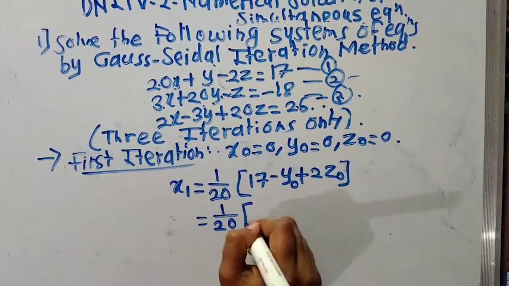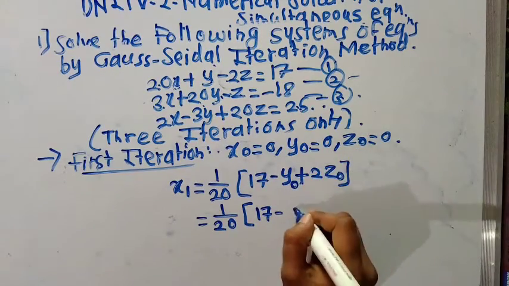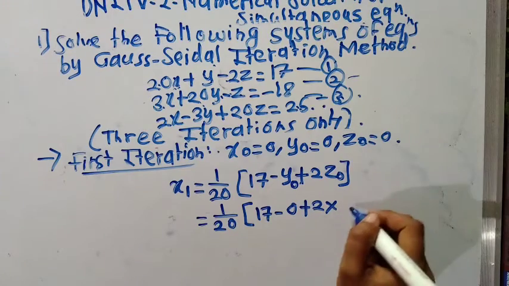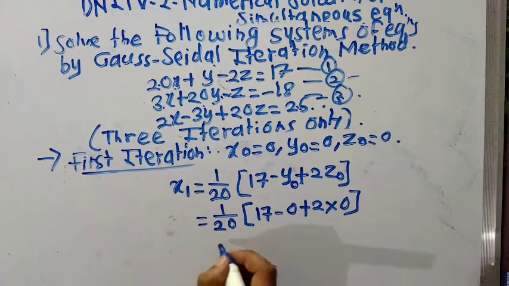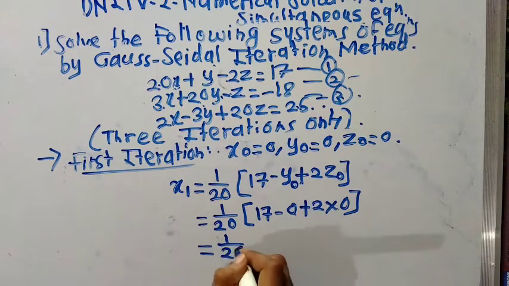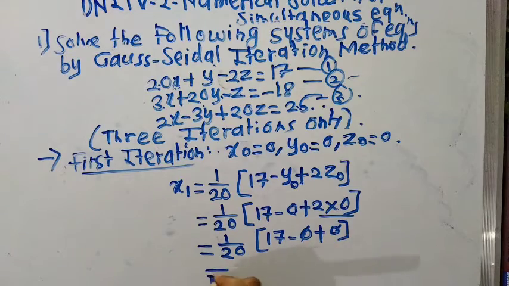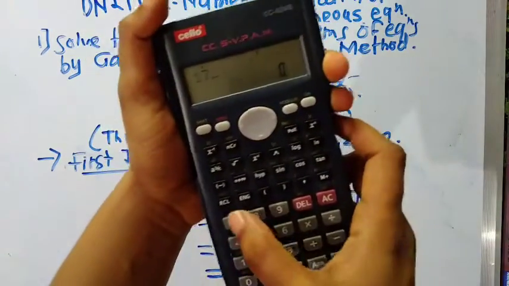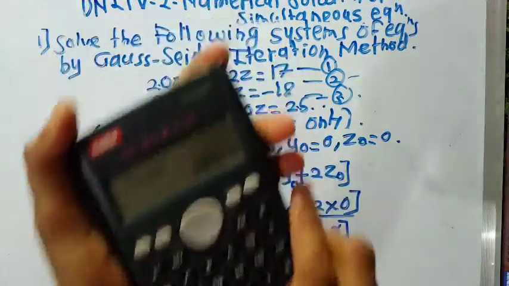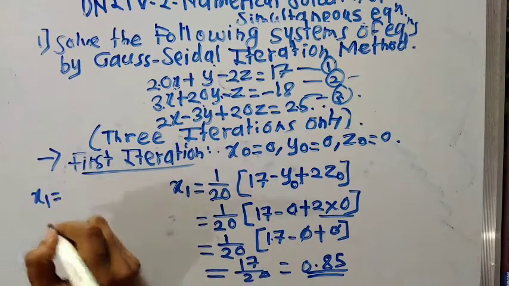By putting y0 is 0 plus 2 into z0 is 0, the zeros cancel, which is equal to 17 divided by 20, which is equal to 0.85. So x1 is 0.85.